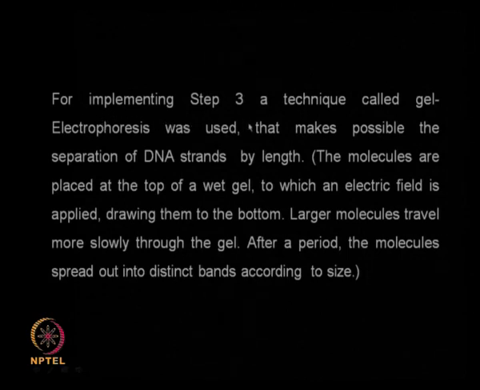So, for implementing step 3, a technique called gel electrophoresis, that we have seen what it is, you put all random paths, all DNA strands representing random paths, and use gel electrophoresis and select only paths of length 140, that is the length of the path is 7 in terms of the nodes. So, you apply an electric field and larger molecules travel slowly. After a period, the molecules spread out into distinct bands and you choose only those of size 140.